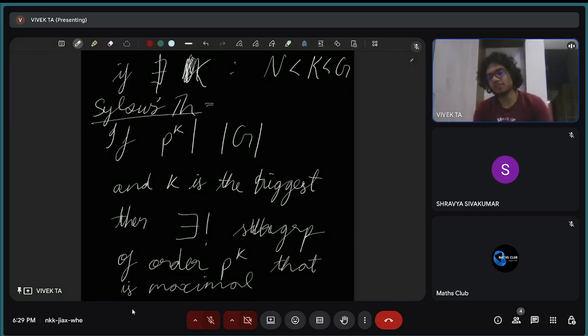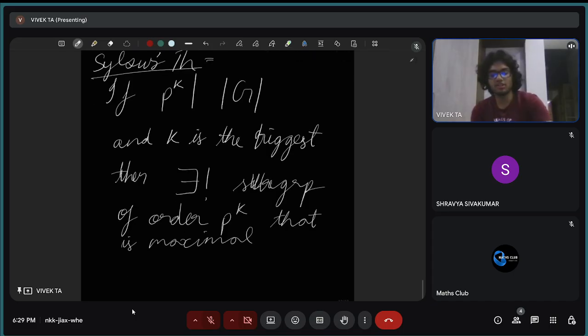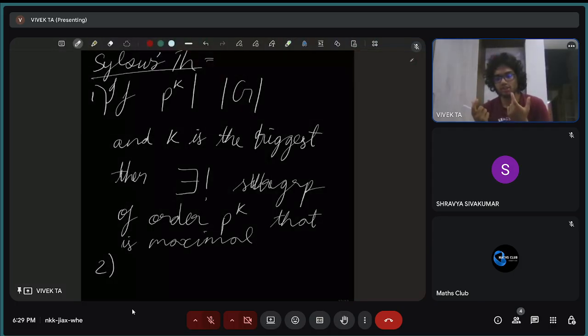There are two more statements of this which are important in group theory, but not exactly exciting to look at. The second statement essentially says that if you have two Sylow subgroups, then they are conjugates of each other.